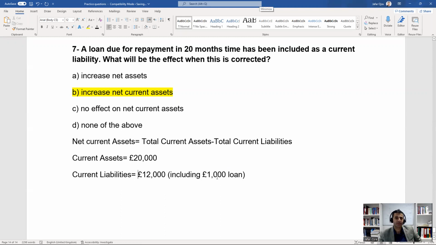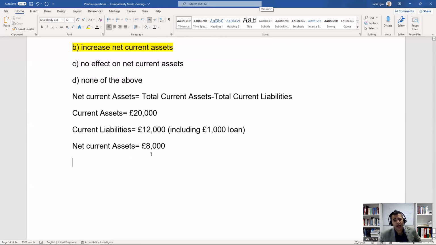So now what happened really? Net current assets equal £8,000. That's fine. Now, under the current liabilities, the £12,000, we have included a £1,000 loan, and this loan must not be here under current liabilities. We should remove it.